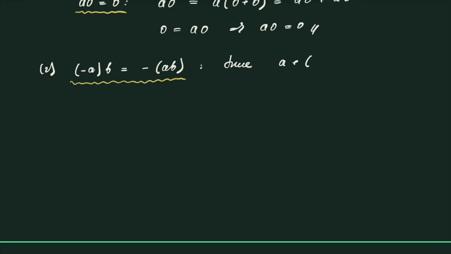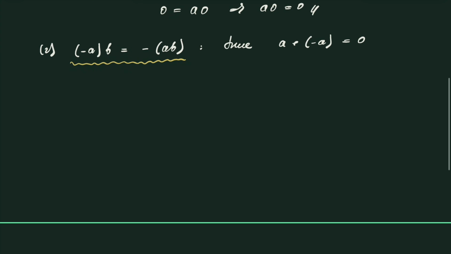Since a plus minus a is equal to 0 by the axioms of the ring, we have ab plus minus a times b is equal to, now you might ask why I take this sum.